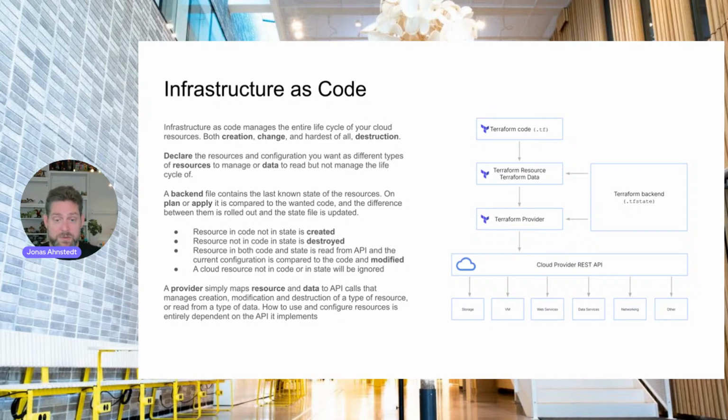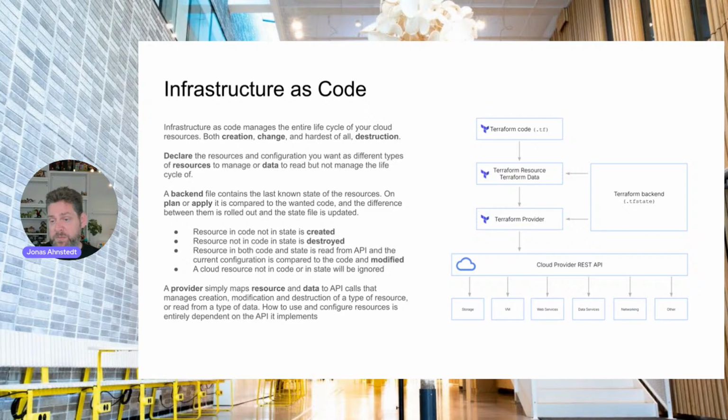And if the resource is in both code and state, it will read from the resource API to compare the configuration of the resource to make sure that whatever you wrote in your code aligns. And if it's neither in the state nor in the code, it will just be ignored. It will not be something that we manage the lifecycle of.